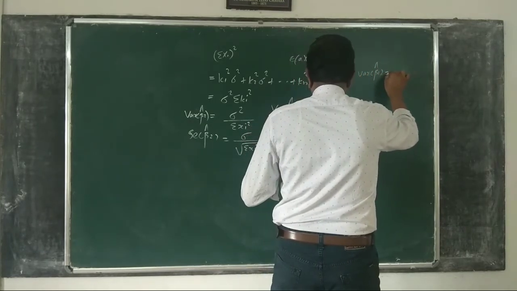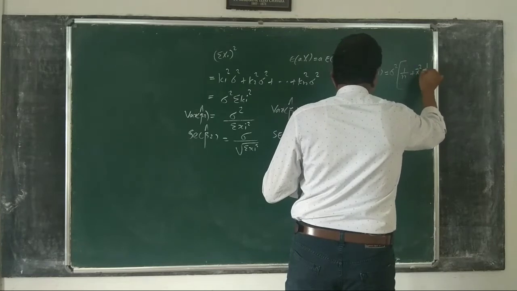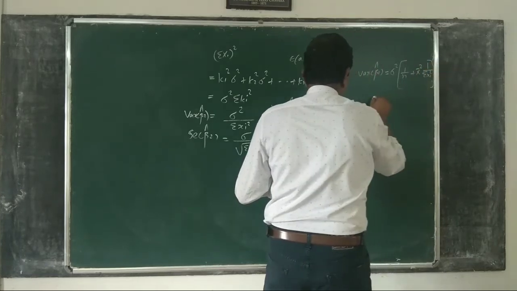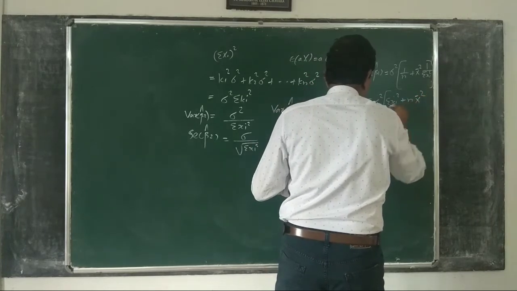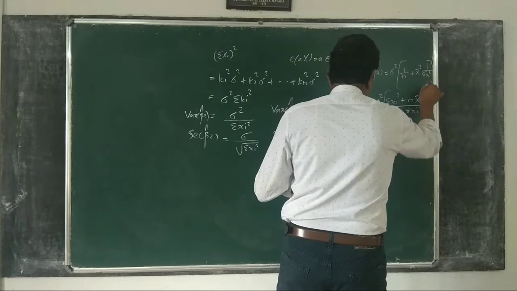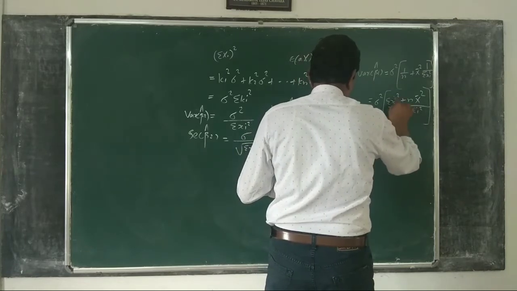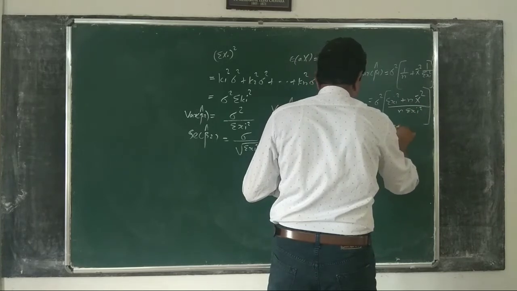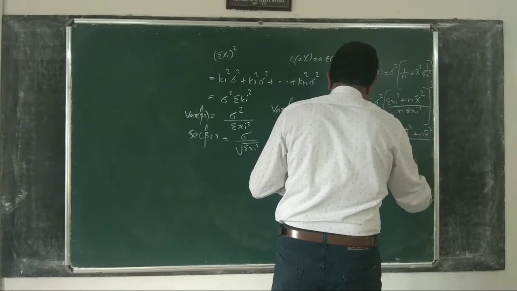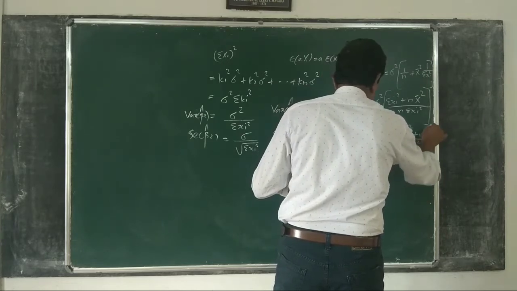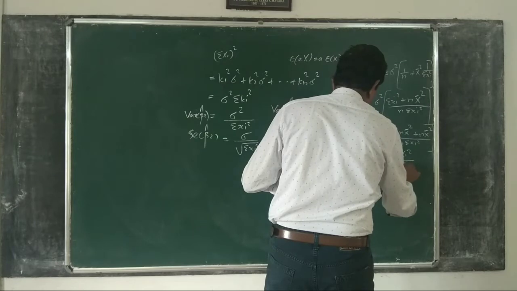The variance of beta 1 hat is equal to sigma square into 1 by n plus x bar square into 1 by sum of xi square, which is sigma square into sum of xi square plus n x bar square, divided by n into sum of xi square. When we take the LCM, the expansion of sum of Xi square is sum of xi square plus n x bar square, so this equals sigma square into sum of Xi square in the numerator, and n into sum of xi square in the denominator.